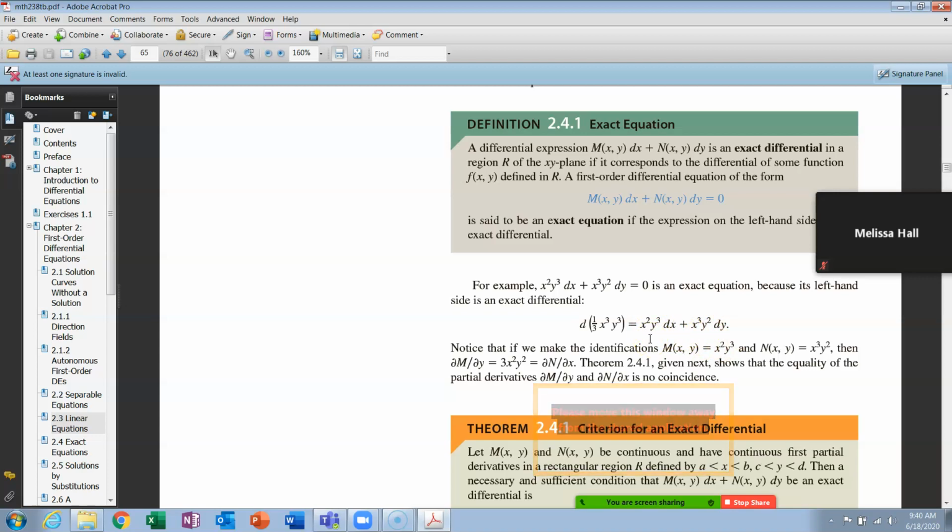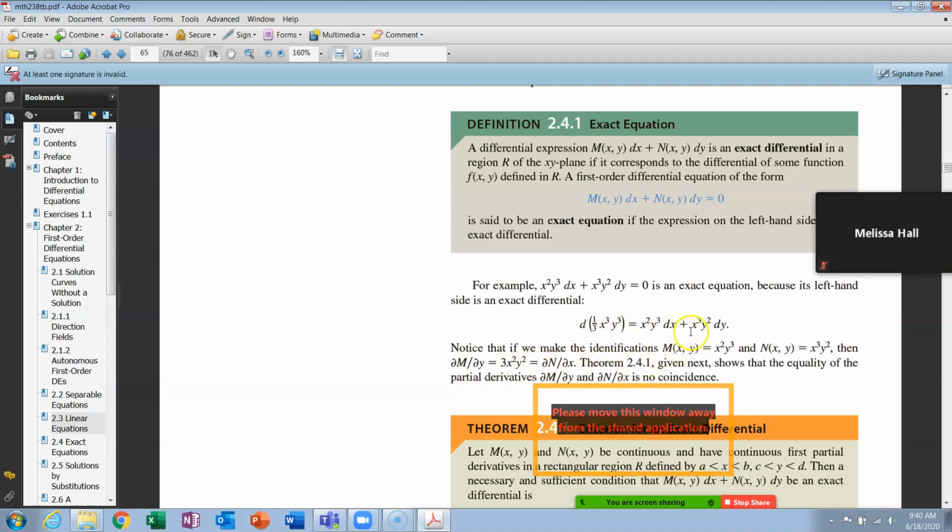Now, here's just a note. What happens if we take the partial of M, not with respect to x, but with respect to y? So this thing here, take the partial with respect to y. That would be 3x squared y squared.